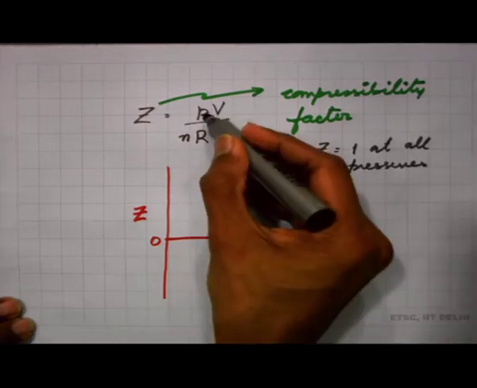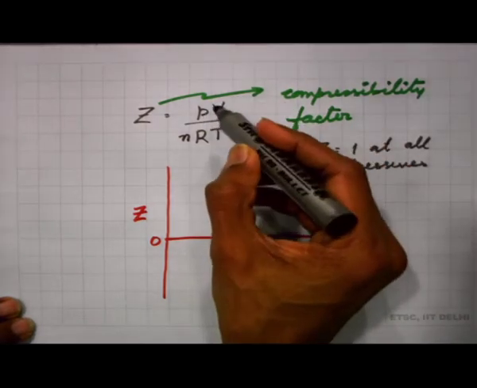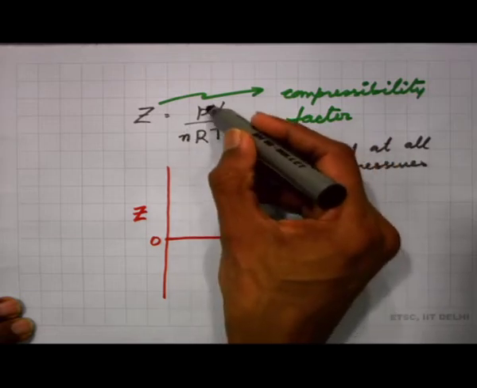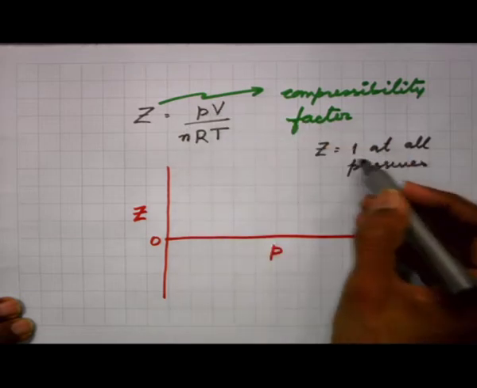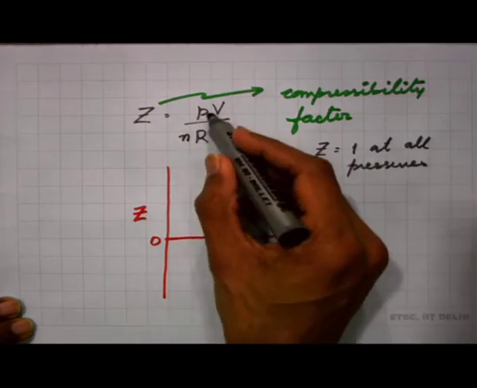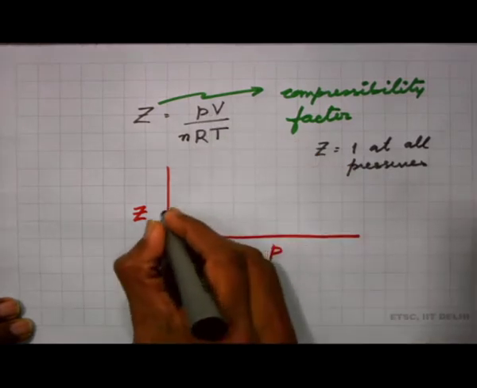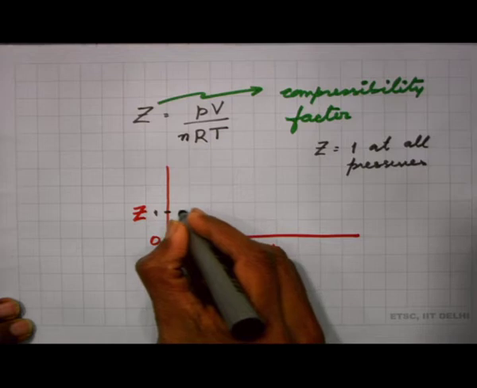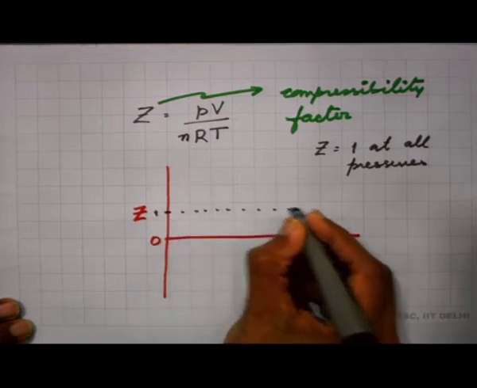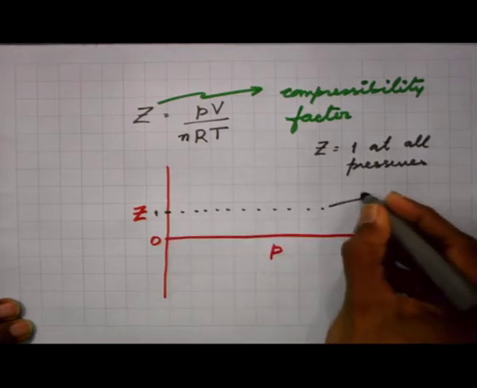Right, because the ideal gas equation of state says PV equals nRT. So, when we take the ratio PV over nRT, this is equal to 1 and that is independent of the pressure. So, let us mark off 1 here, and what we are saying is this is the ideal gas behavior.